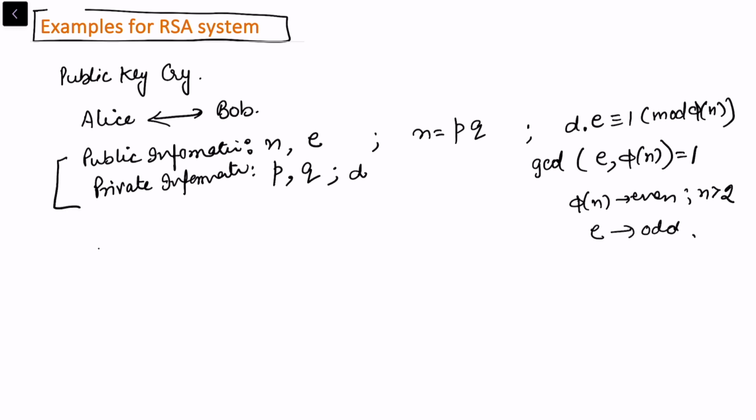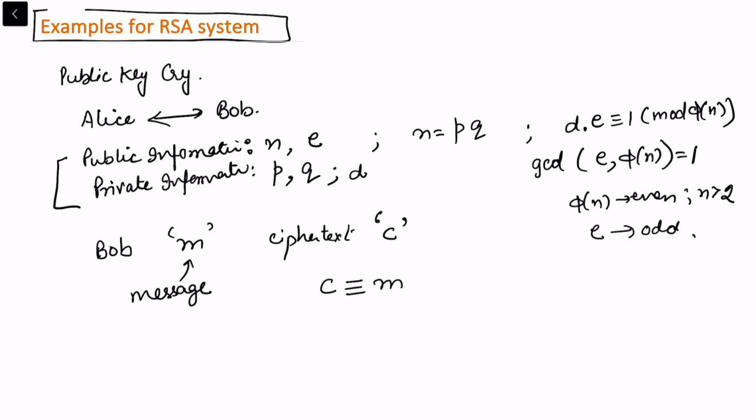Now with this information, suppose Bob wants to communicate a message M. Bob does not send this message in the current format; rather it is converted into some cipher text, which I denote by the symbol C. So C is congruent to M to the power E. Bob knows the public information, E is already public, and M is the message which is with Bob.